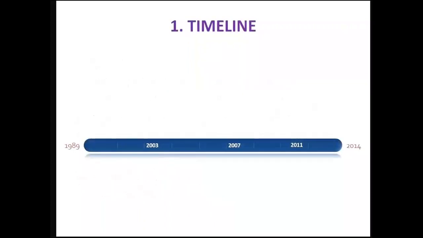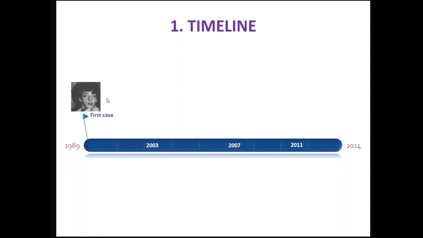All right, so with that said, the first part I wanted to review was the timeline. SAS has been described for a long time. To be more precise, the first individual diagnosed was in 1989, and this individual had a deletion, which is a piece missing, in chromosome 2.